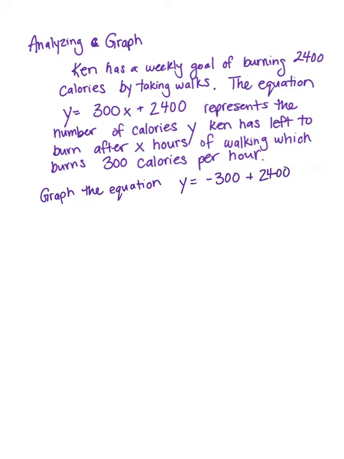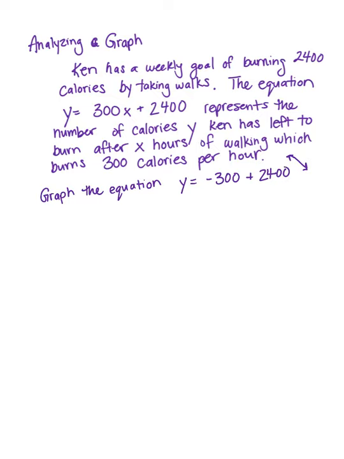So you should already be thinking which way our graph is going to fall. Is it going to fall or is it going to rise? Well, it's negative, so it's going to fall, right? So it's going to go this way.